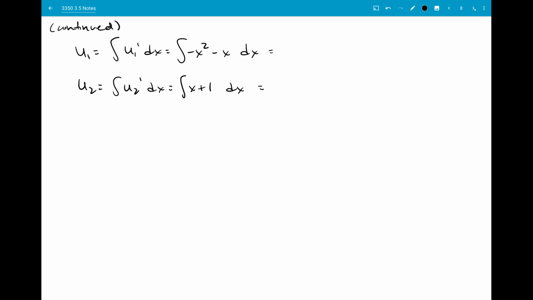And so when I take those integrals, I get minus 1/3 x cubed minus 1/2 x squared on top, 1/2 x squared plus x on bottom. When I take these integrals, I remember that they are indefinite integrals, so I should add a constant on the end. It's actually going to turn out that those drop out, but we'll hold on to them just to be kind of thorough.